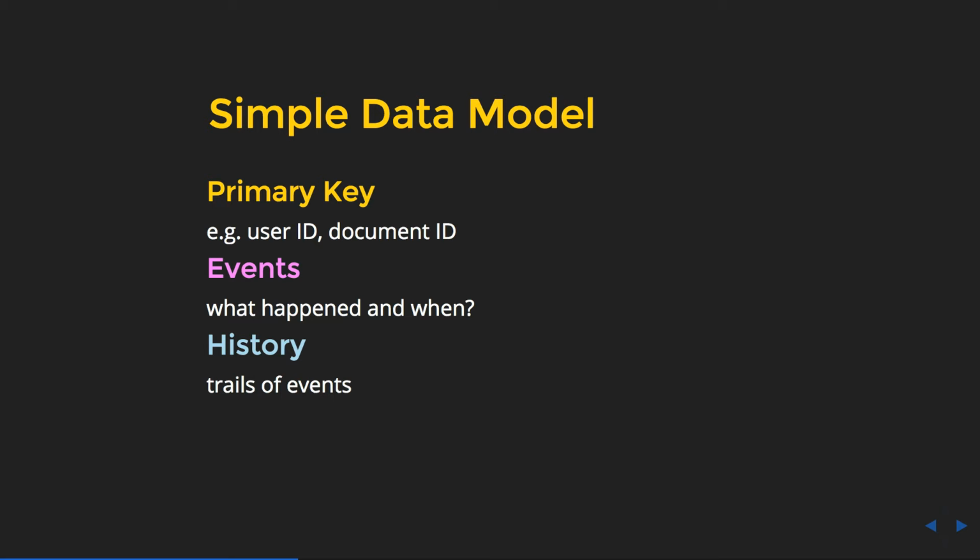Like I showed you, it's a very simple data model. We always assume that the users we are interested in have some kind of identifier, a user ID, or actually they don't have to be users. They could even be Internet of Things devices or whatever. The point is that there's some primary key. Then there are events, some actions that happen by these users, and these events are discrete.